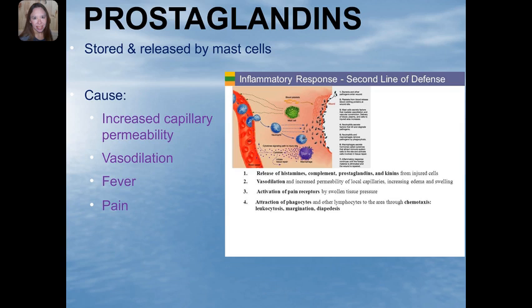So to answer that question, if you're thinking, well, why do we want to use medications to treat allergic rhinitis? We need to think about too much inflammation could be the problem, where now our immune system is increasing that blood flow.